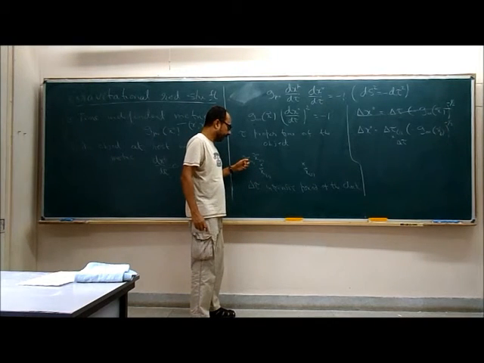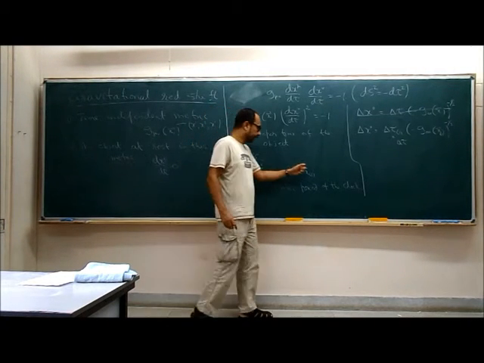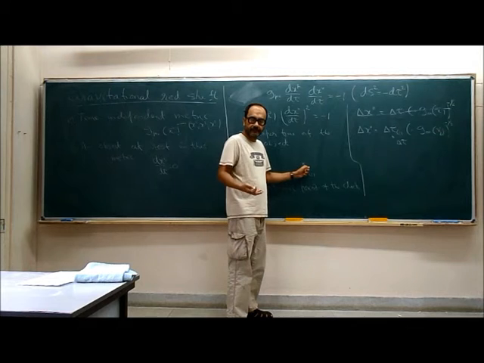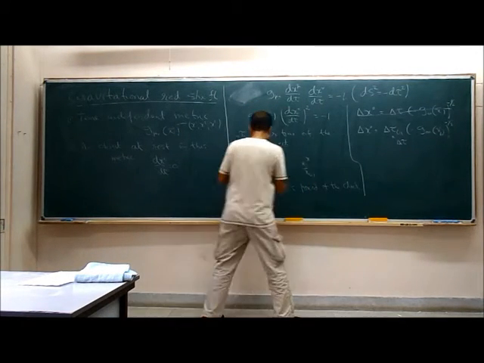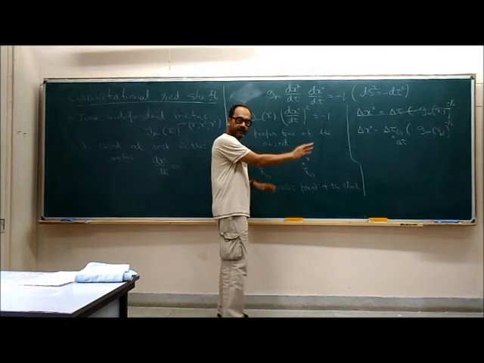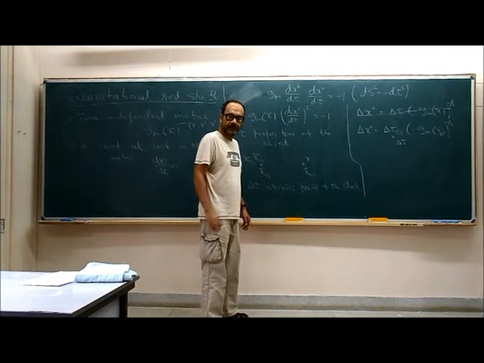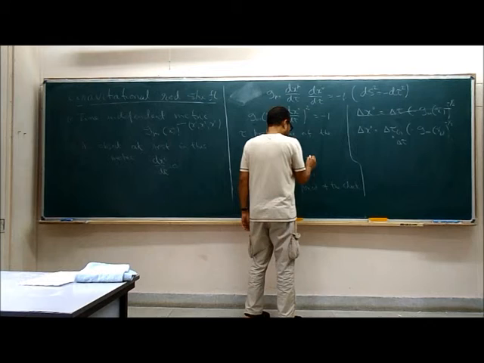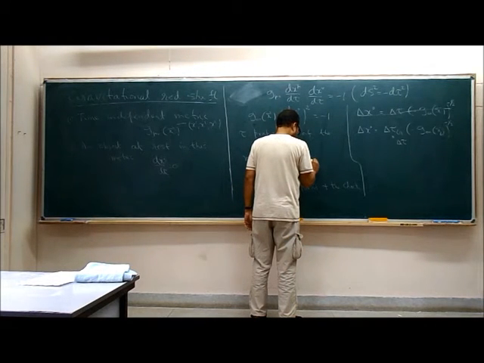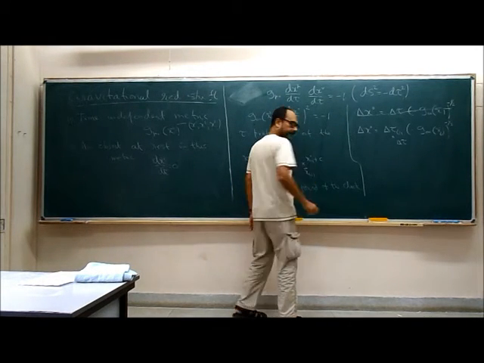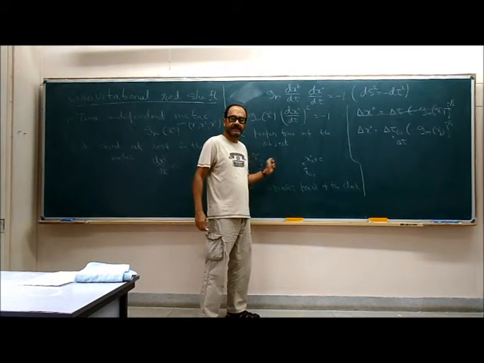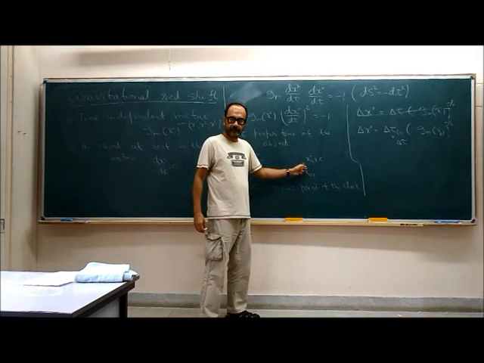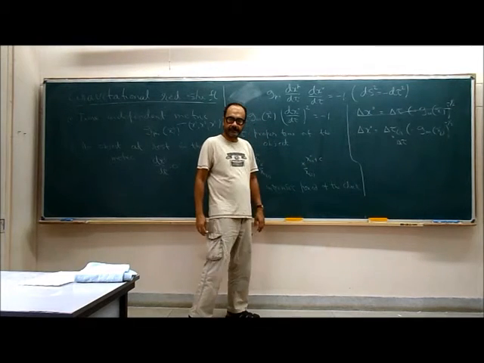Now, given x0 1, the receiver will get the signal after a certain time. Suppose the light travels from here to here according to certain laws which you can get by solving the null geodesic condition. It will be given by x0 1 plus some constant c. c is something that you can calculate. That's the time when this signal will reach this point. That's what defines c.